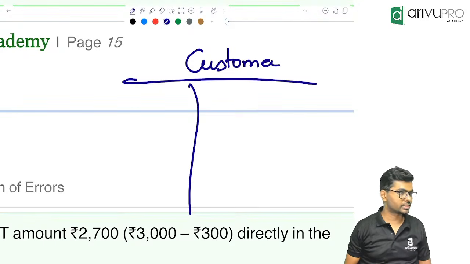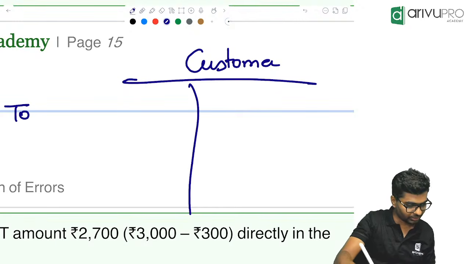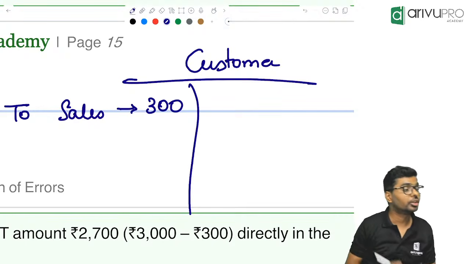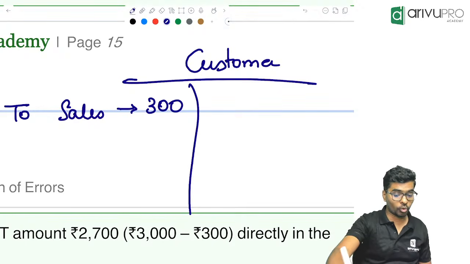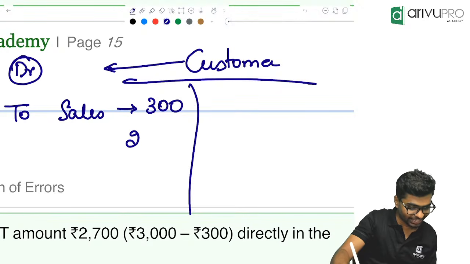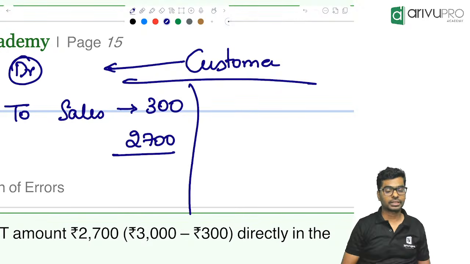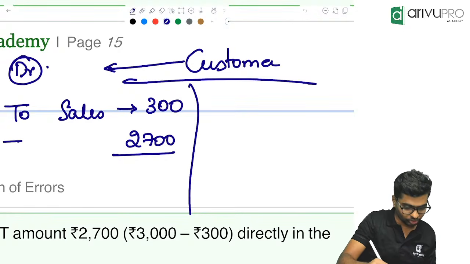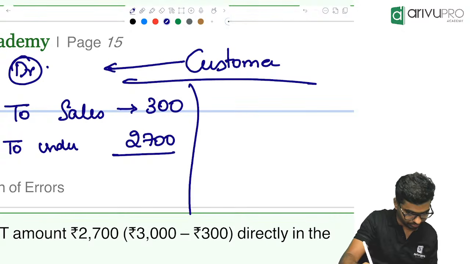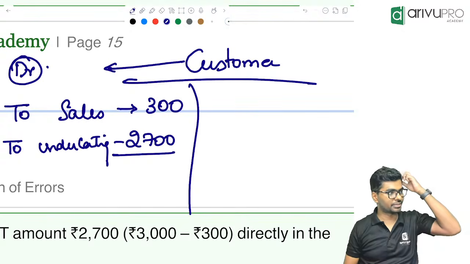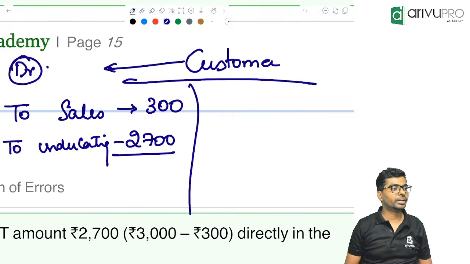X to sales. So customer account debited, it should be 3,000. You wrote 300. So what will you do? Customer account will be debited by 2,700, undercasting. Did you all understand?